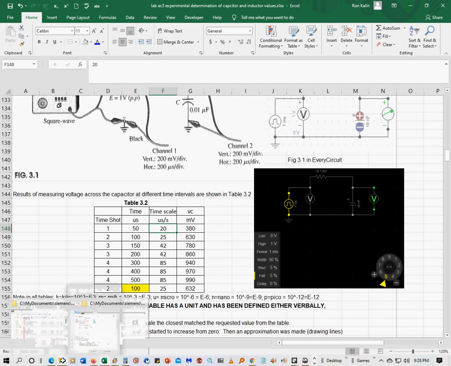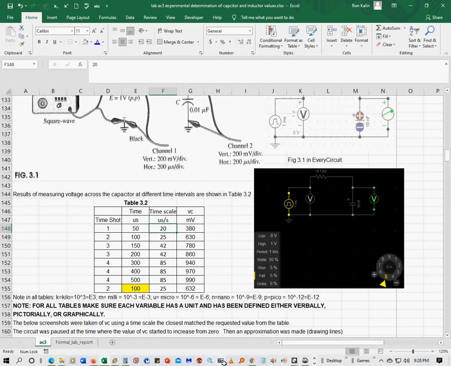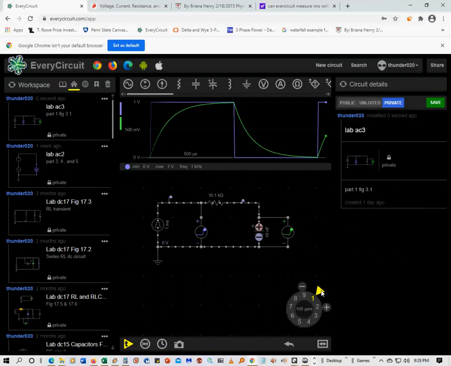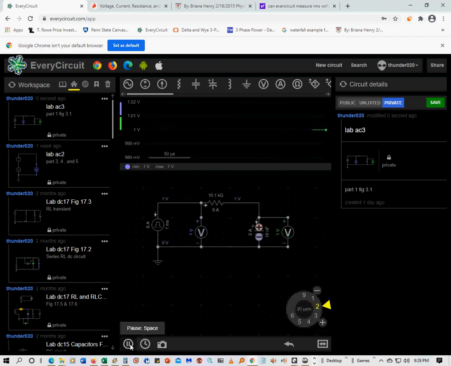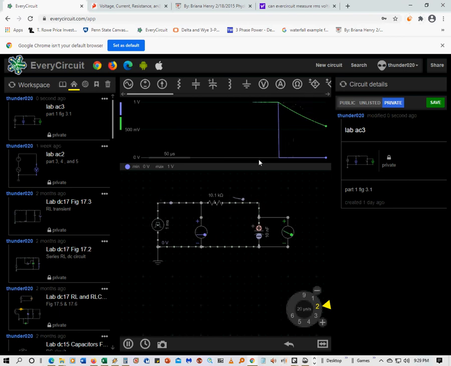I'm going to set this to 20, rewind it, and play it again. I have to wait a little bit. It started off in the high, it went low. I'm going to wait for it to go high again, and I'm going to take that point.